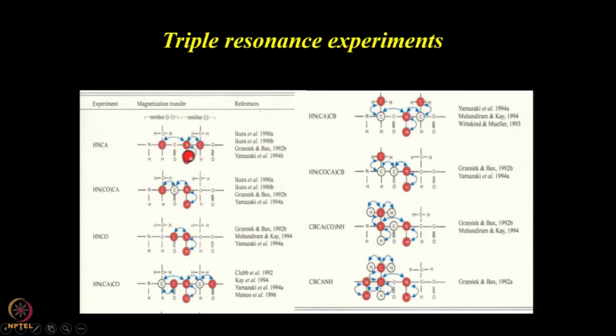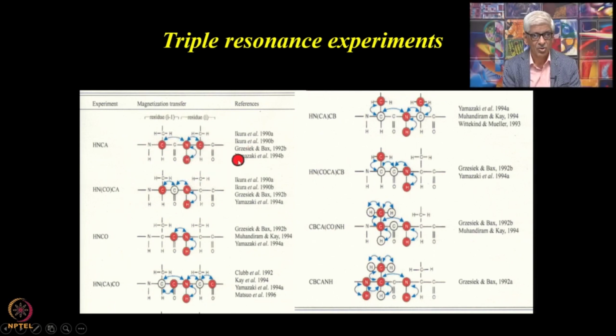The red ones are the nuclei which you are going to see in a 3-dimensional experiment. That is why these are called triple resonance experiments, because you are making use of proton, nitrogen and carbon, 3 different channels. Okay. And these experiments were described way back in about the 1990s by different groups of authors. I have listed those references here for quick reference.